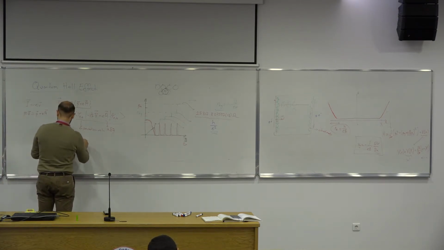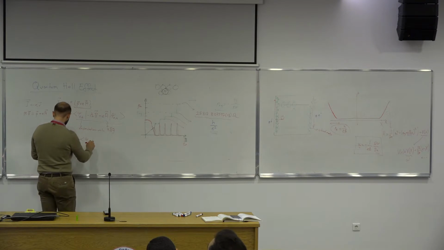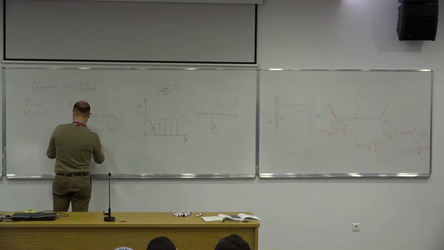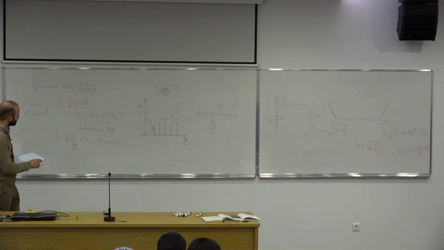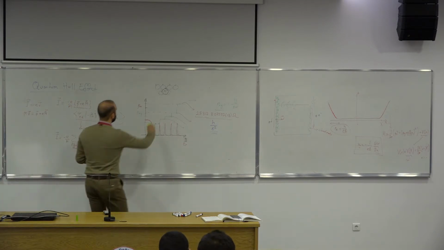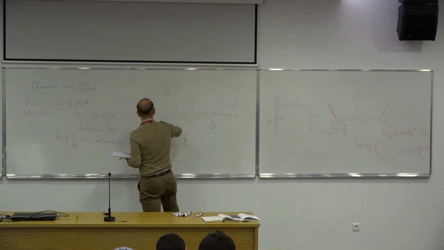So what I'm going to have is something like this: I, n k, minus i h bar del plus E x B y hat, phi n k. All right. Now we'll get some simplifications.